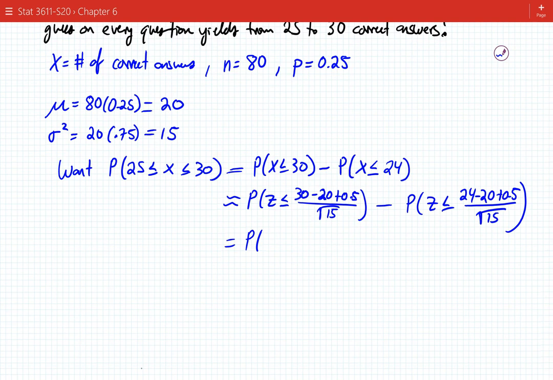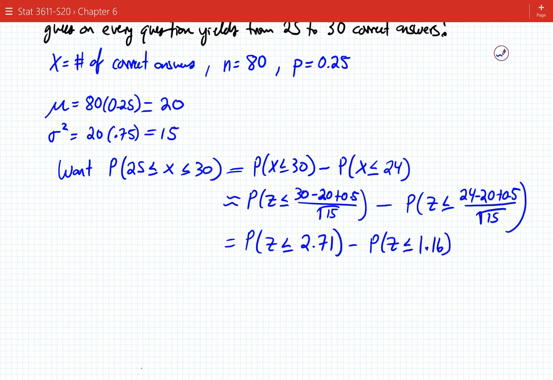Once we run these numbers through a calculator, we're looking for the probability that Z is less than or equal to about 2.71, minus the probability that Z is less than or equal to 1.16. When you're computing these standard normal values on the right-hand side of your probability term, notice our standard normal table only goes to 2 decimal places.